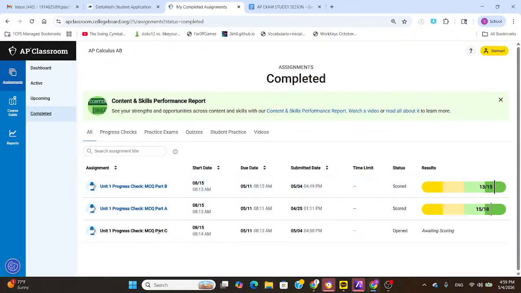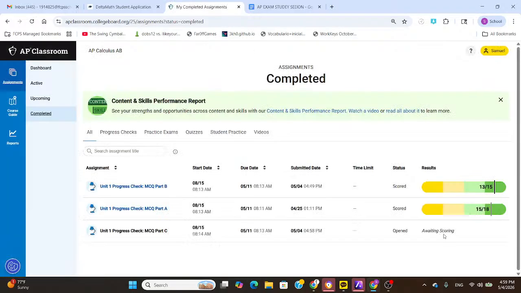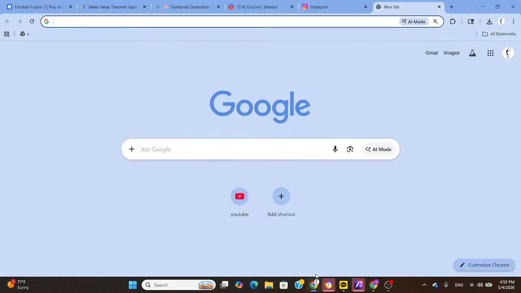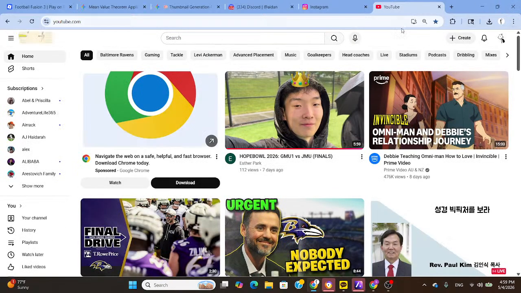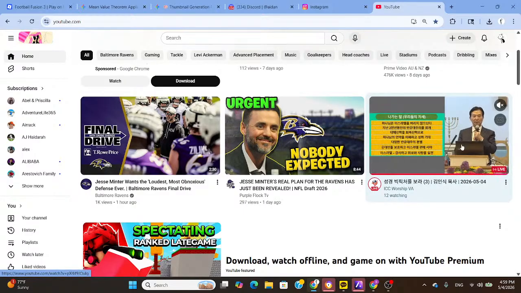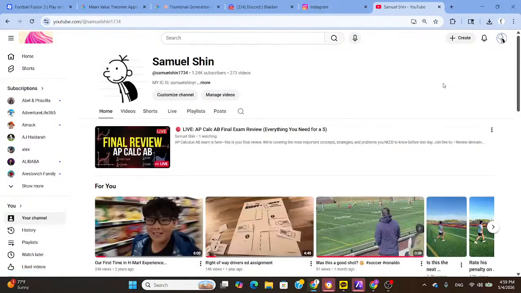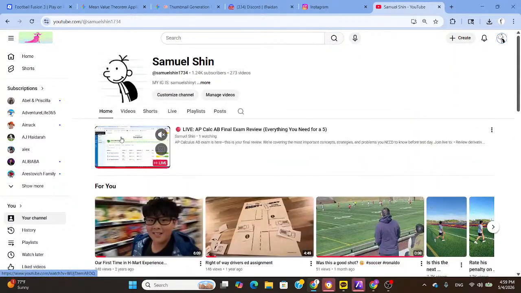Awaiting scoring. Maybe I got so bad it's taking a long time to process. It's literally just an MCQ. I don't know what takes so long for a little MCQ to get graded. It's not even an FRQ. You know what I'm saying?